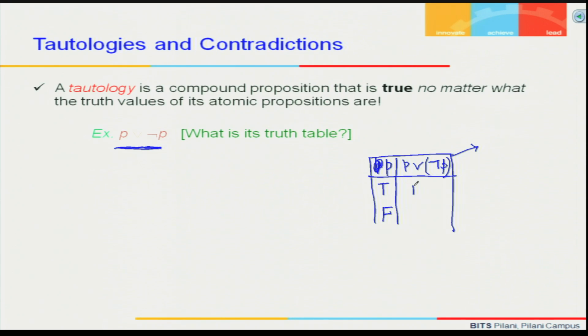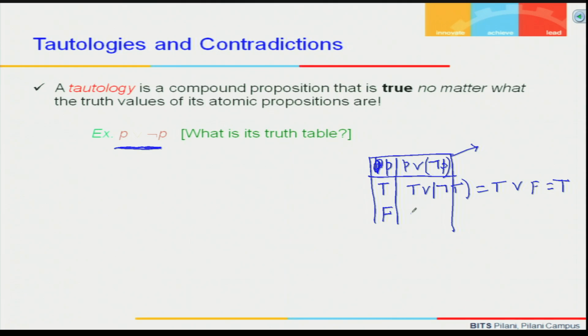Then it takes T or not of T, that is T or false. We have seen that by the very definition of OR, T or false is true, that is T.